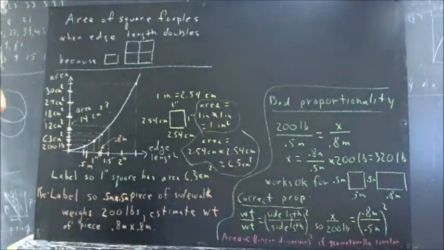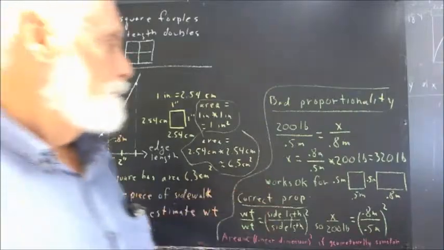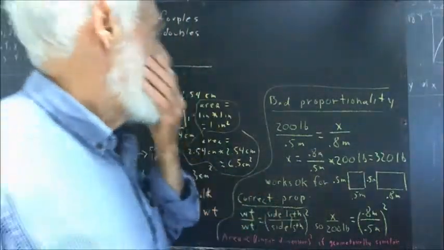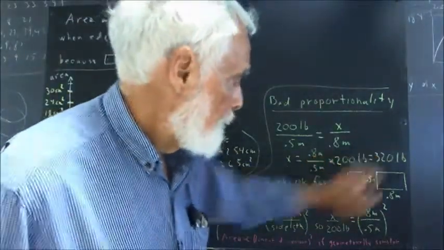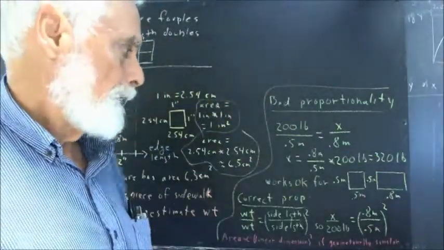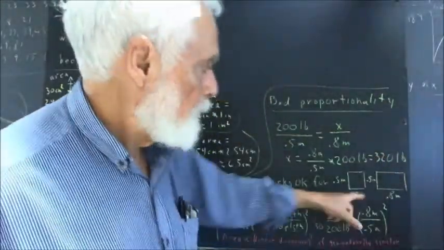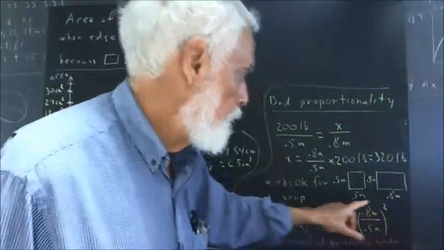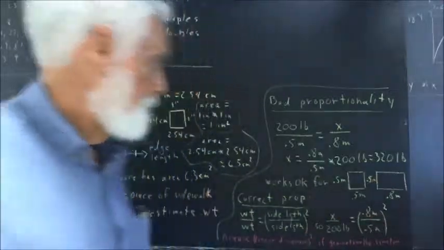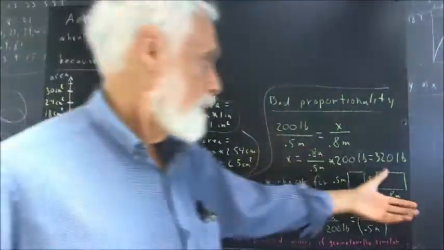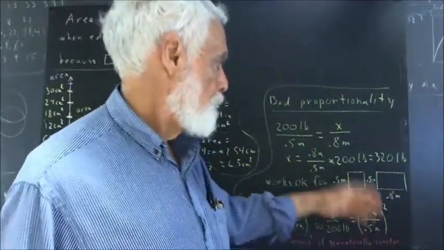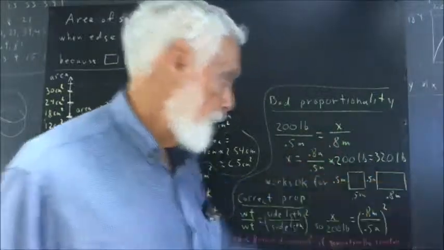Okay. Now, that works okay if your two figures were this and this, because they would have the same height, if we look at it this way, but this width would be 0.8, whereas this is 0.5, so this would clearly have 0.8 over 0.5 times the area, and giving it that proportion, 0.8 over 0.5 times the weight.